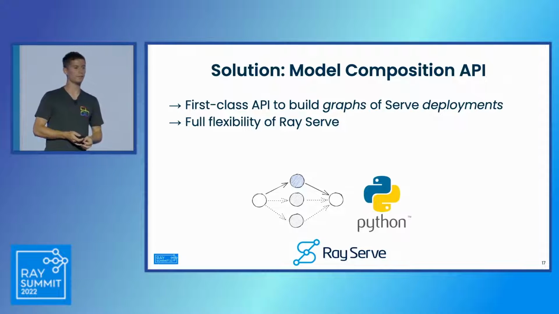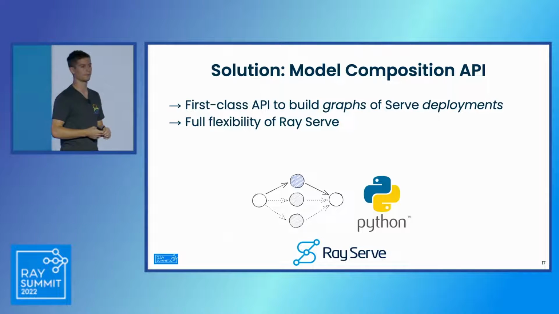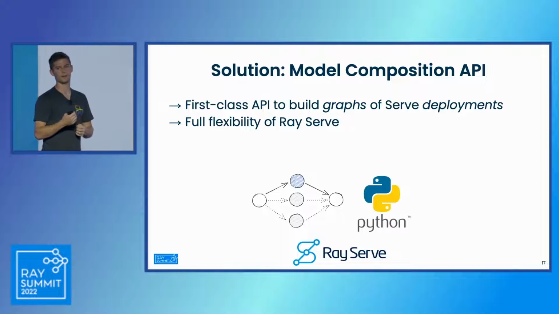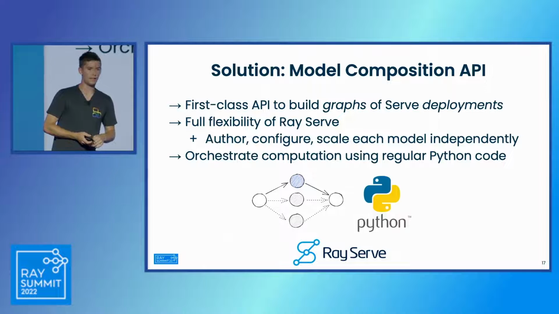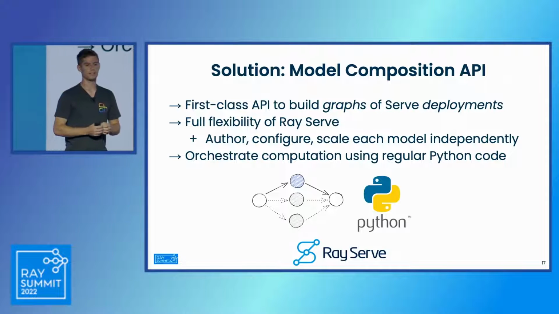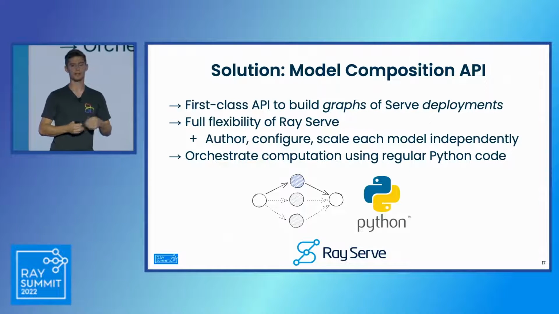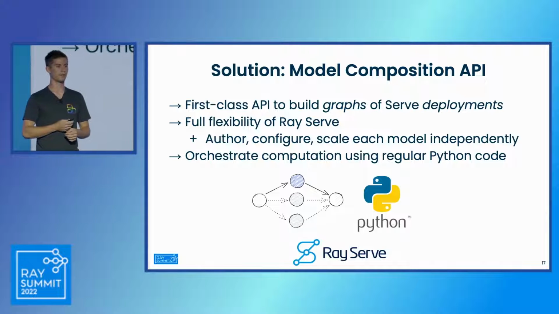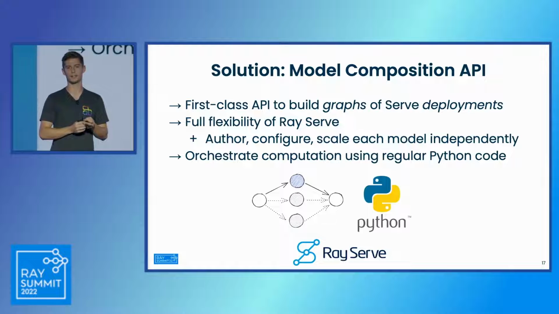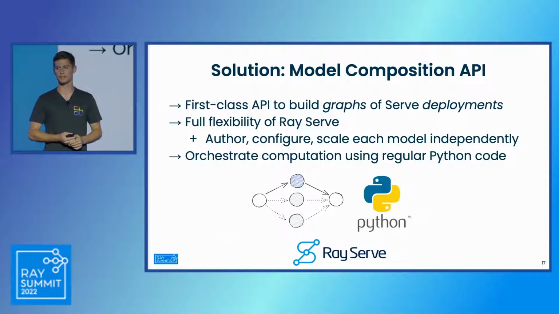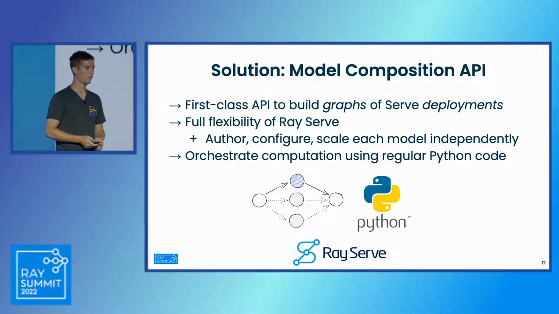You can still use the full flexibility of RayServe, so the fine-grained resource allocation and all of the functionality to make your application efficient. So you can author, configure, and scale each model independently. And then you can orchestrate the computation and stitch together the models just using regular Python code. You don't have to worry about gRPC protocol or setting up ingresses or setting up Kubernetes services or anything like that. It's just a normal method call.